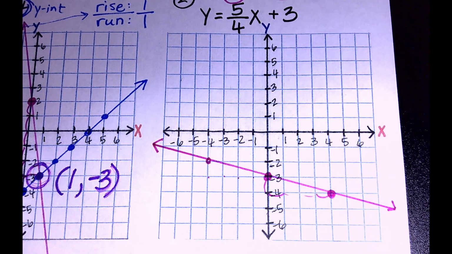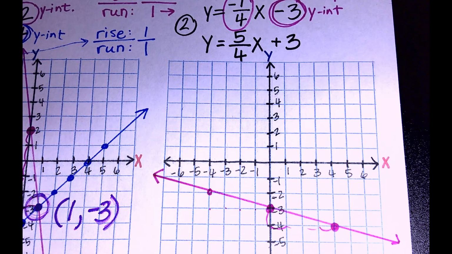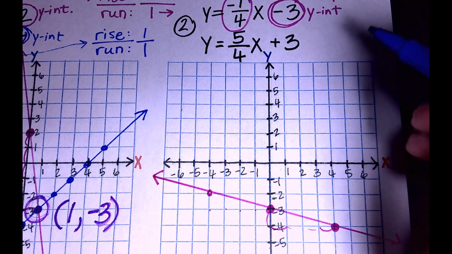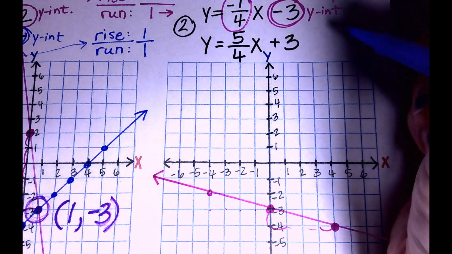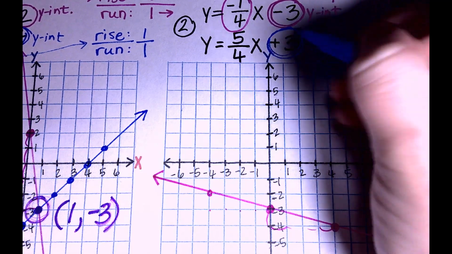Now let's look at the second equation. y equals 5/4 x plus 3. Where do I start for this one? Three. That's my y-intercept.